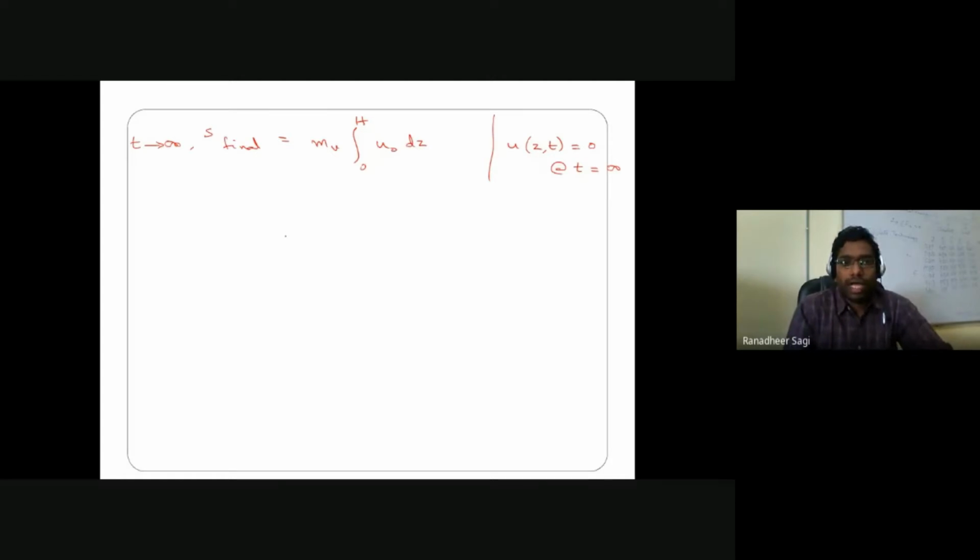Okay, so I have my expression for the final settlement in the soil sample, and I know the settlement at any point of time. This final settlement I can further rewrite: U naught is the initial pore water pressure developed in the soil sample. How much is that initial pore water pressure? I can also indicate it as delta sigma, which is the increment in total stress, or I can even write it as your surcharge stress.